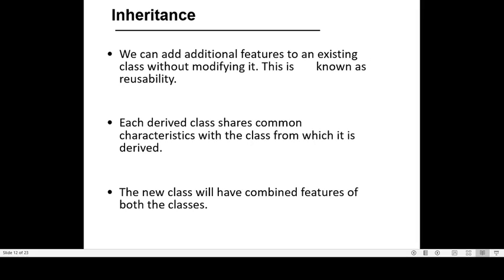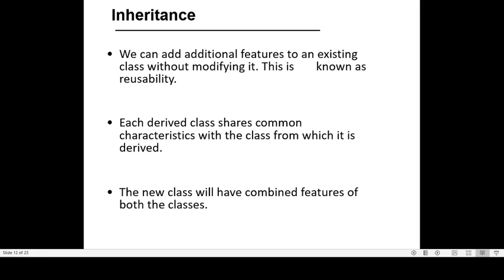Each derived class shares common characteristics with the class from which it is derived. That means what you have defined in the base class and in the derived class, there is an interface. Easily we can access it, we can read it. The new class will have combined features of both the classes.